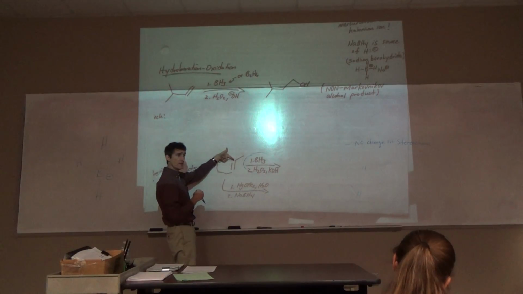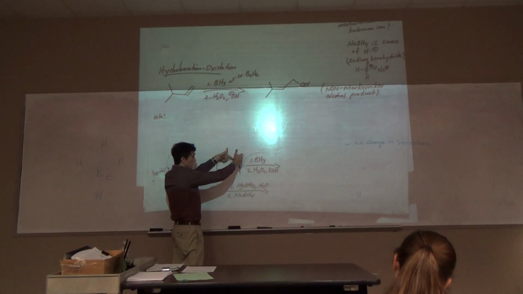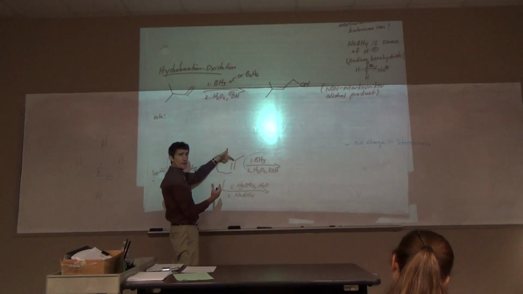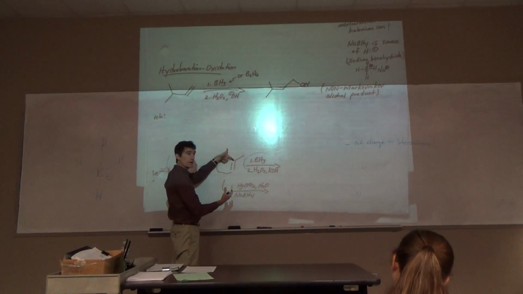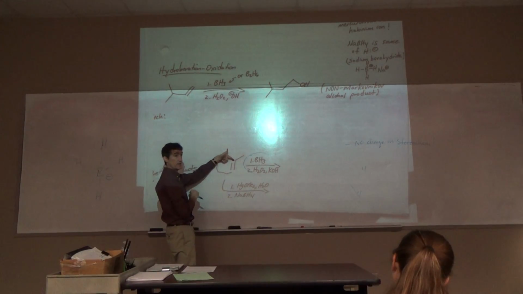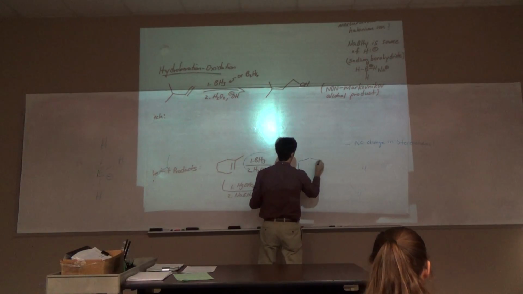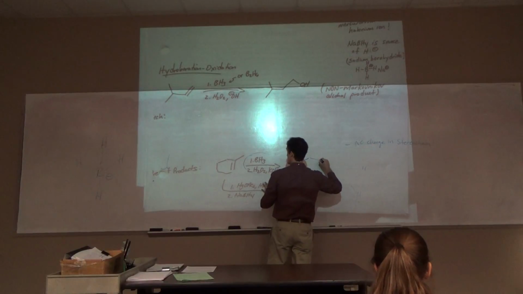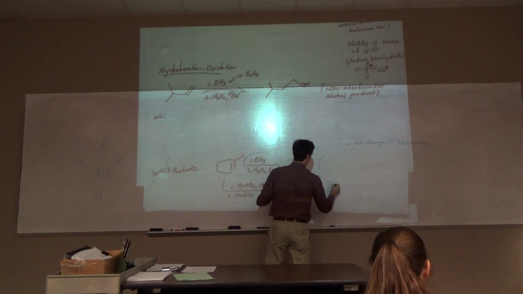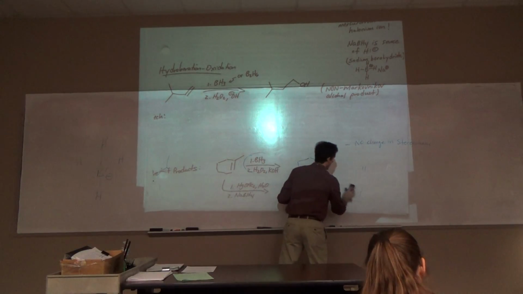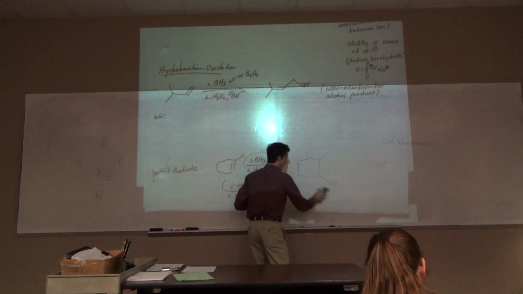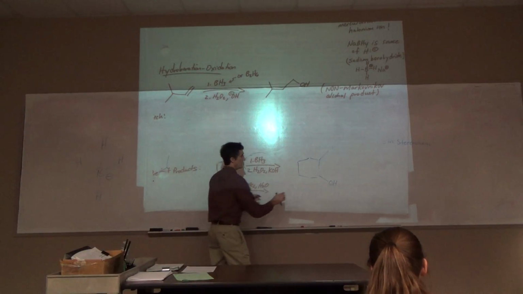Top. And then if you added water, that would be a standard product, like an H3O+ product, or an oxymercuration product. This gives the opposite. The OH is going to be on the bottom. And so we would get methyl on top and OH on bottom, and there's your product. We added water across the pi bond.